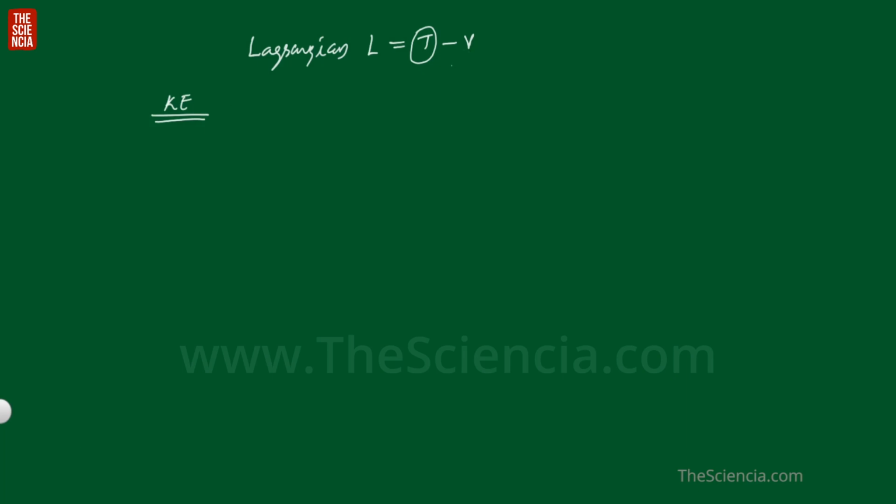Maybe in some problem we have to find out the potential from given conditions. So to solve any problem, first we have to find out kinetic energy. And this general equation to find out kinetic energy is half m (x dot square plus y dot square plus z dot square).